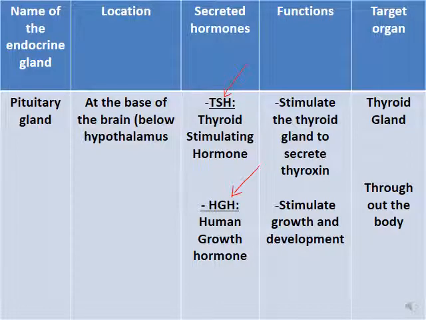We said that the function of the thyroid stimulating hormone is to stimulate the thyroid gland to secrete the hormone thyroxine. So it works on the thyroid gland, which is the target organ.